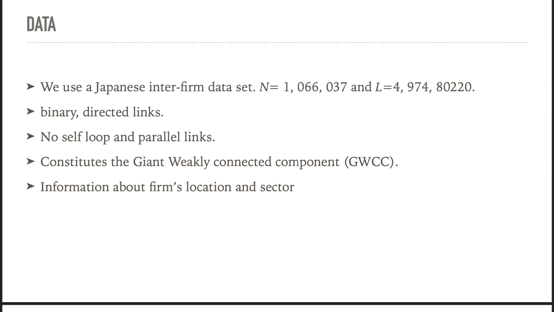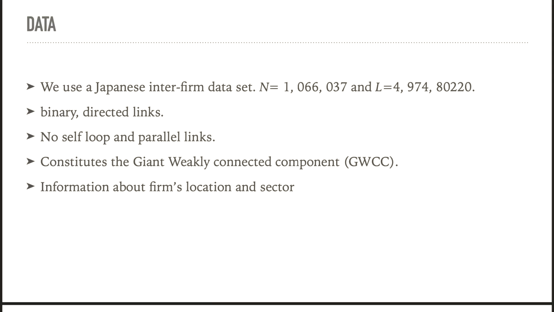Are you familiar with the giant weakly connected component? When you view the network as an undirected network, there is always a path between any arbitrary pair of nodes. All these firms constitute a giant weakly connected component, and this constitutes 99% of all the available data we have.